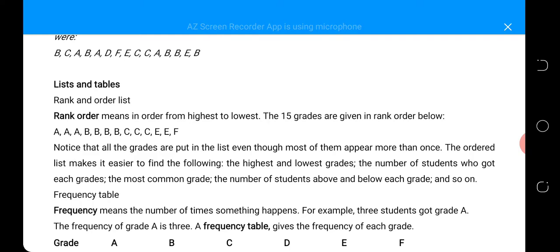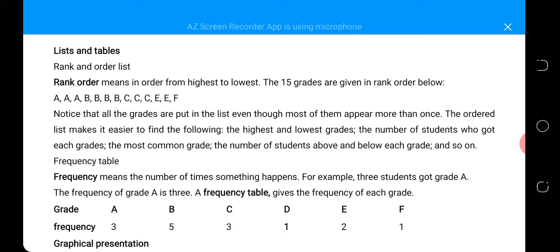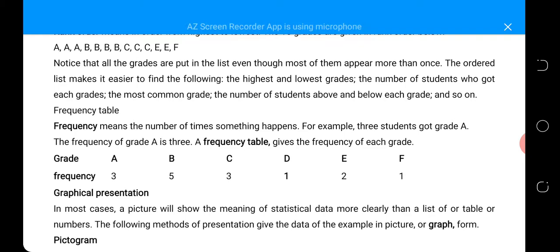After ranking has been done, the next thing to do is to get the frequency. That is to prepare the frequency table. Frequency means the number of times each grade occurs.